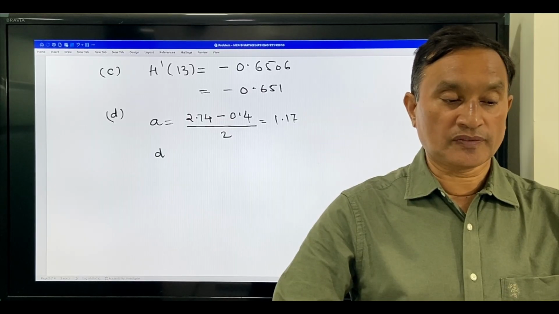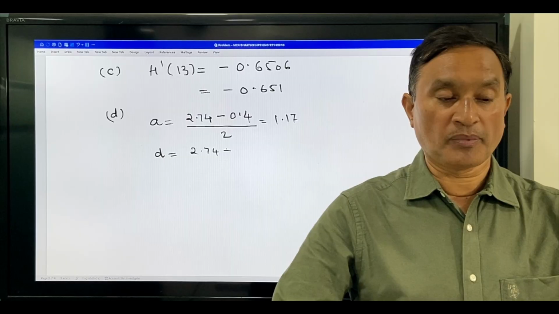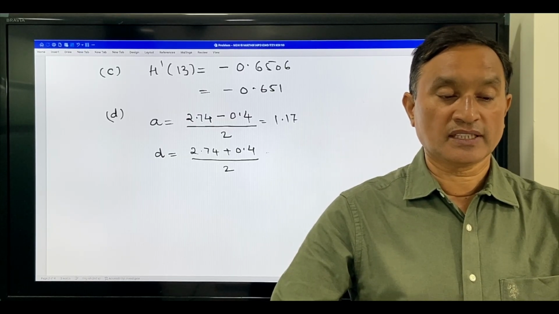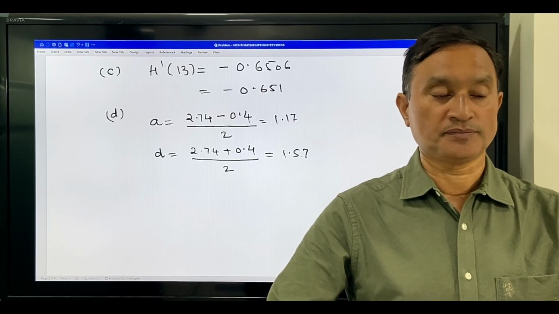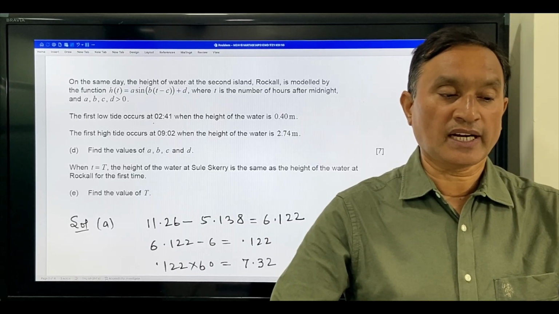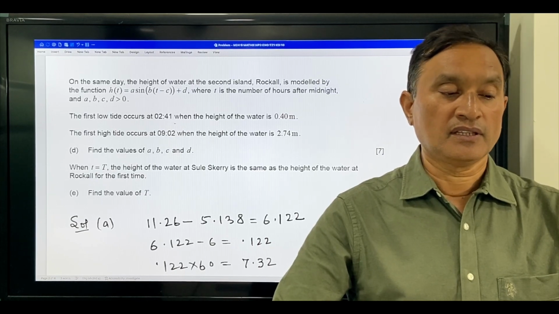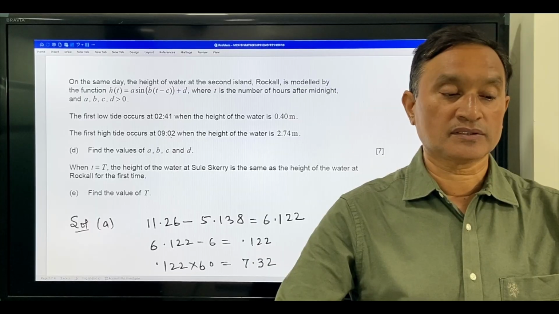The value of D, 2.74 plus 0.4 by 2 is equal to 1.57. Now in the question, the low tide occurs at 02 hours 41 minutes and the high tide occurs at 09 hours 02 minutes.